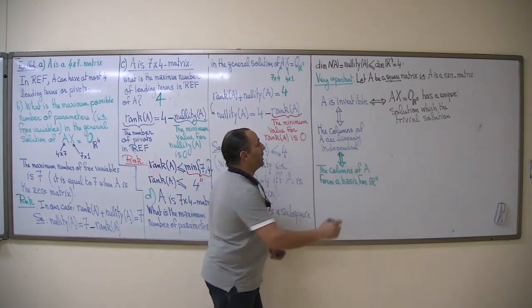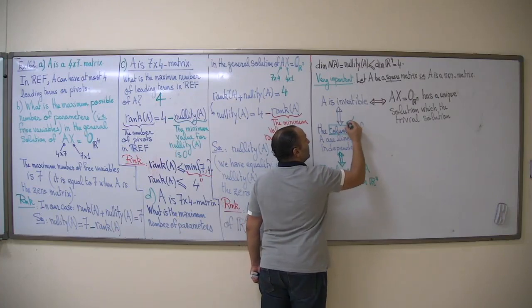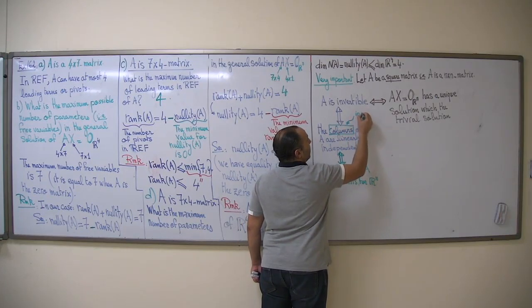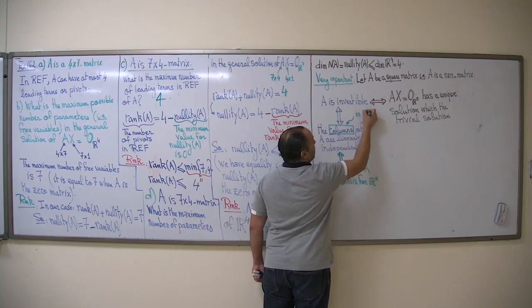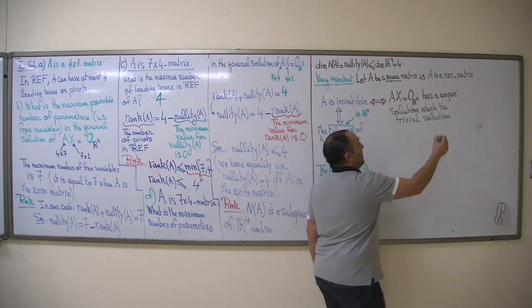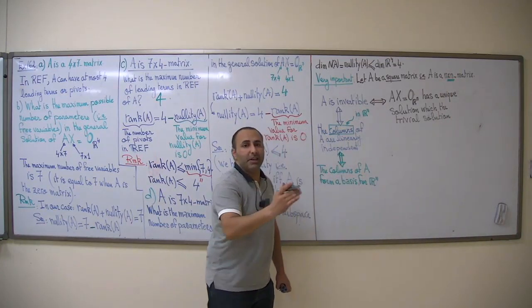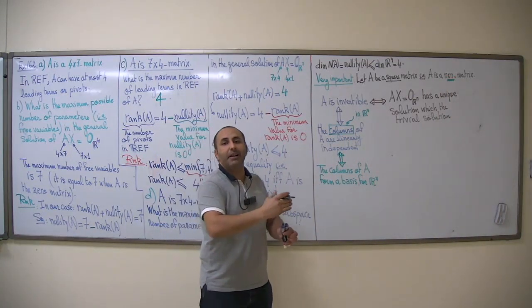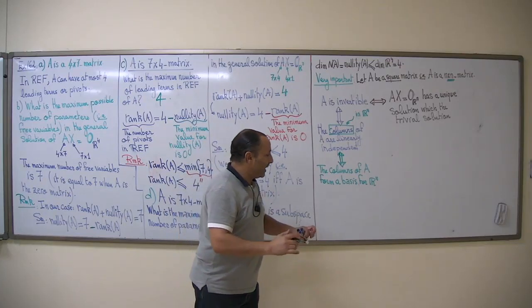Remember, each column is in Rn. How many of them? I have n of them. N vectors in Rn that are linearly independent will automatically form a basis.